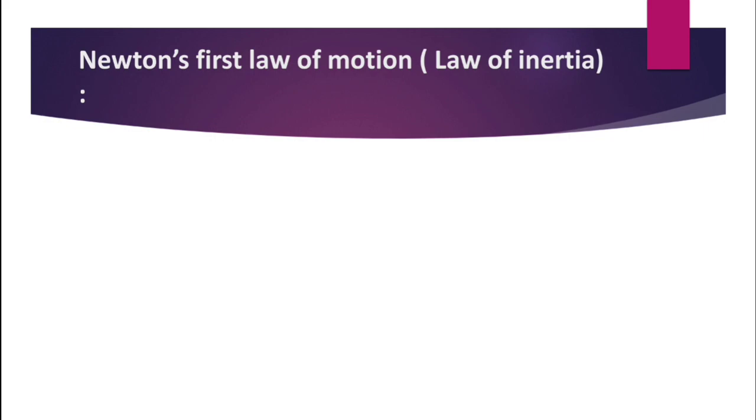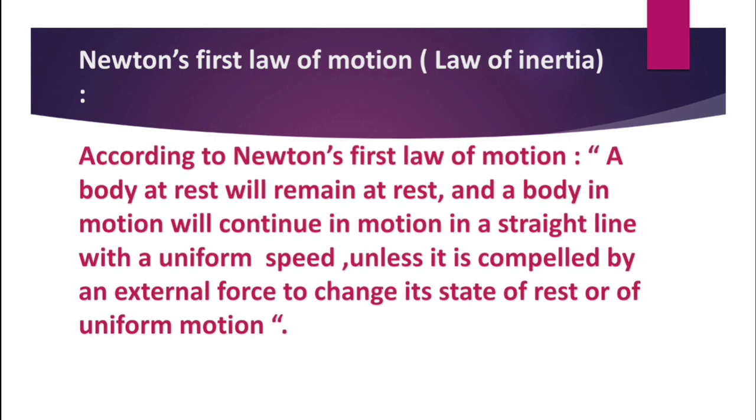Now, Newton's first law of motion. It is also known as the law of inertia. What is the statement given by Newton? According to Newton's first law of motion, a body at rest will remain at rest.